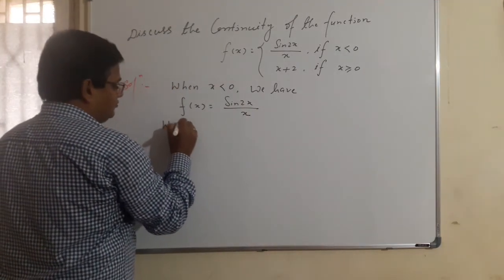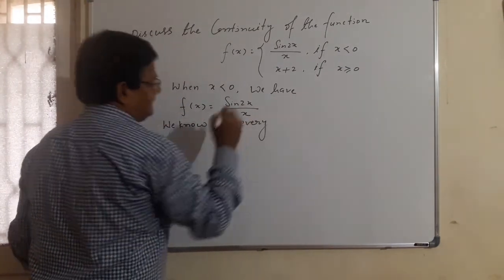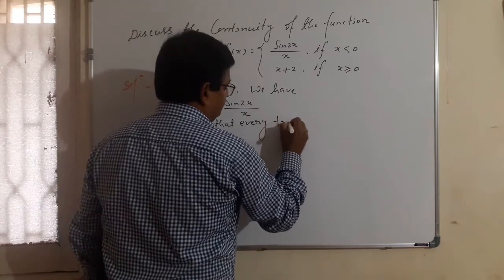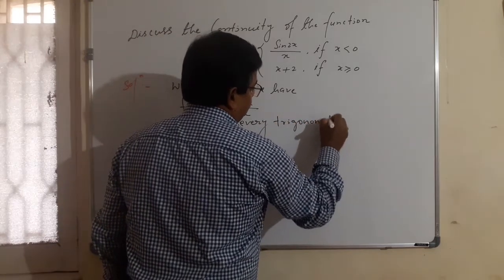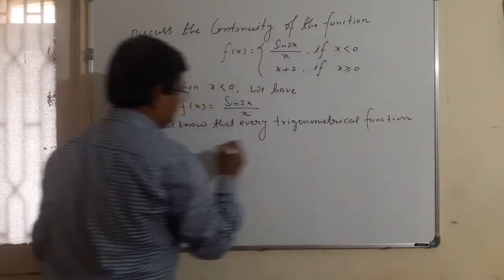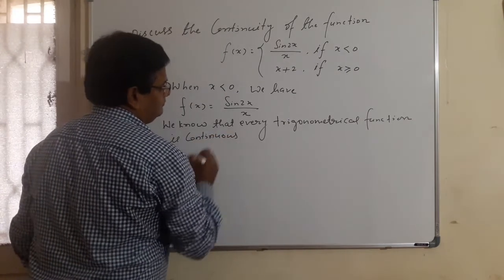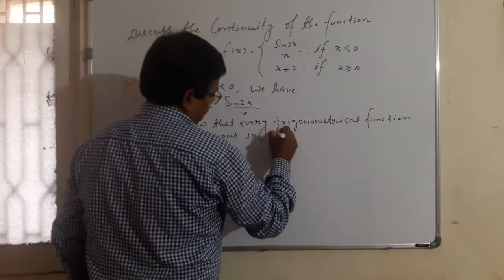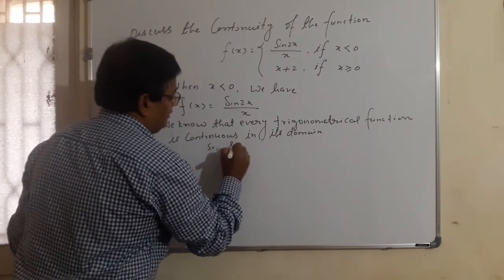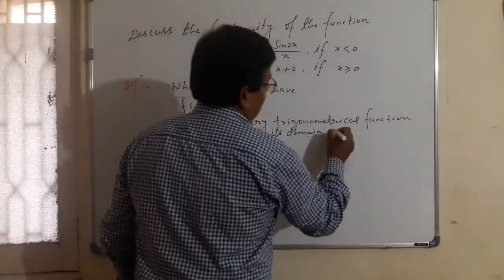We know that every trigonometrical function is continuous in its domain. So sine 2x is continuous everywhere.